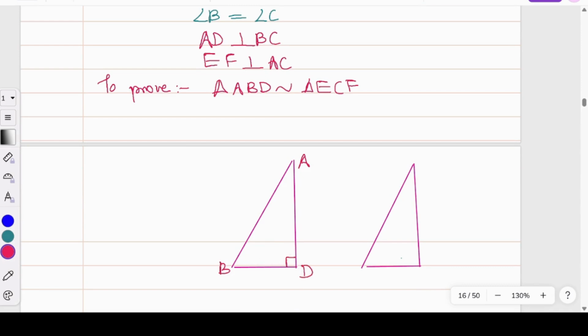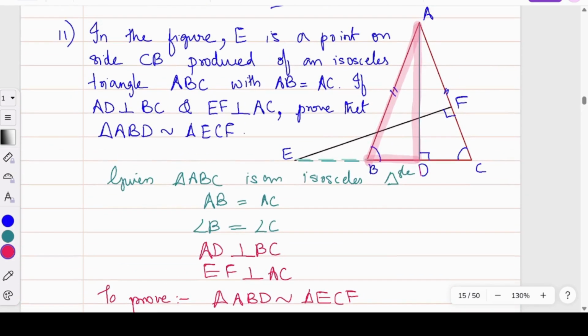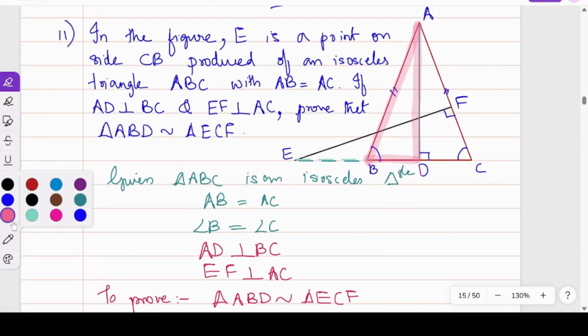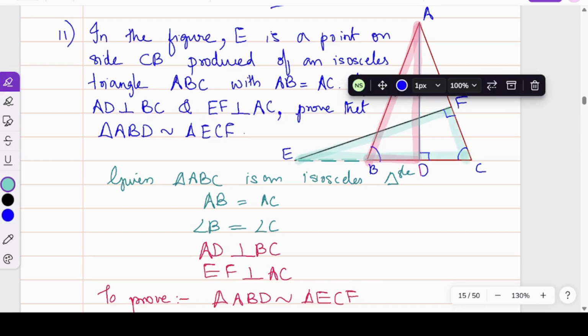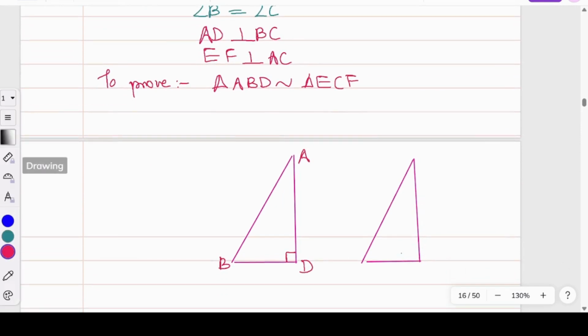Okay, now we have to take which one? Triangle ECF. Look, ECF means E, C and F. This part, right? So similarly, which is that part? This is E. Then comes the F, that the perpendicular one, and this comes the C, right?